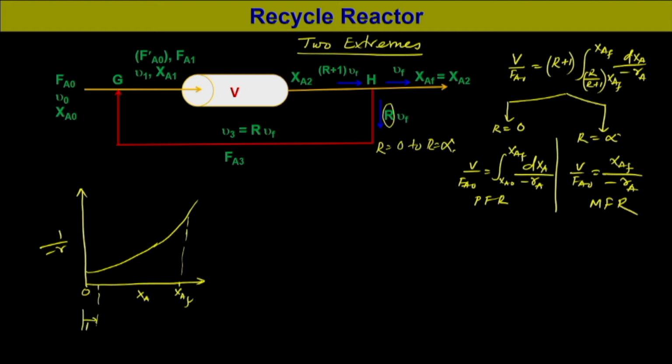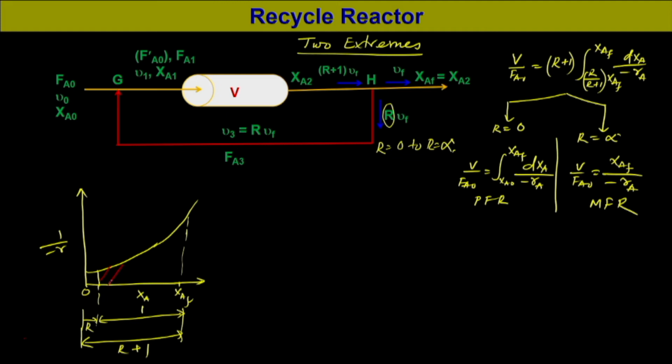So, this is R, and this is no recycle, this is 1. So, it behaves like a plug flow reactor, and the total is R plus 1.